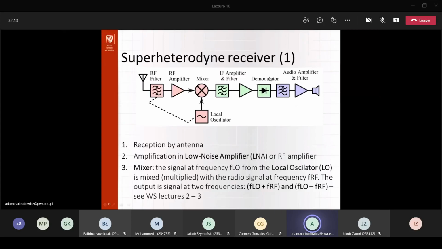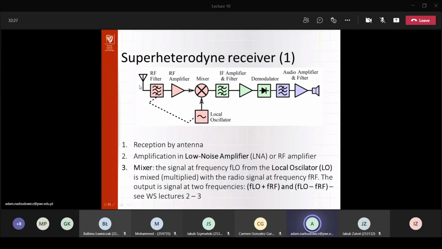So what's happening here is, firstly, we have our antenna, which accepts pretty much anything it receives, any electromagnetic waves it is able to capture, right? And of course we want to tune in to our frequency channel.